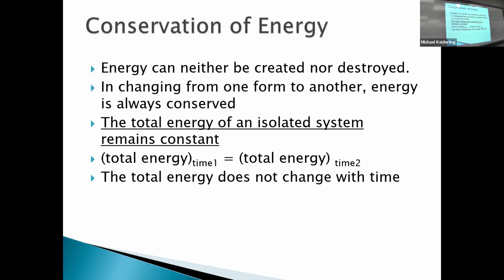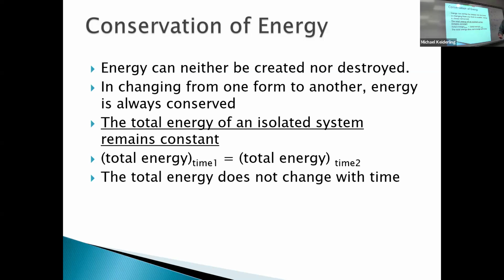This isn't the best demonstration. A little better would be I could set up a pendulum. Now this swings back and forth generally to the same height each time. Not quite.